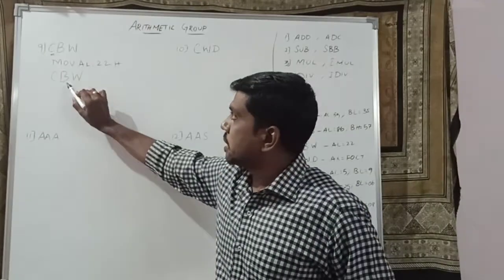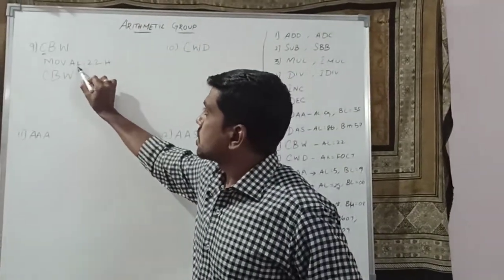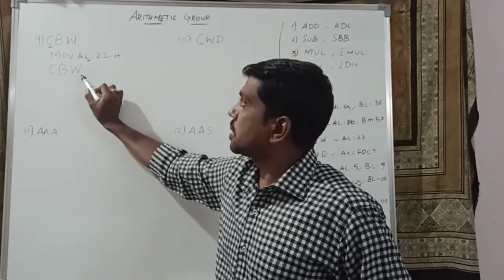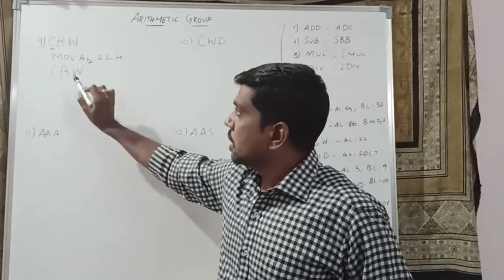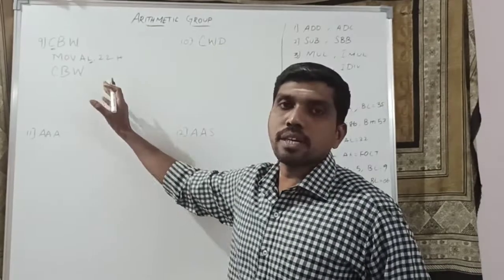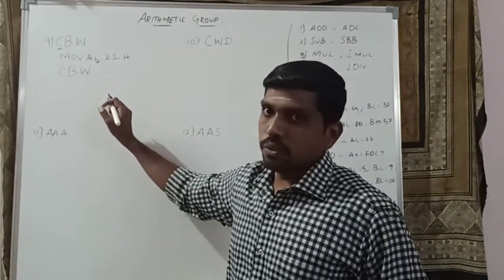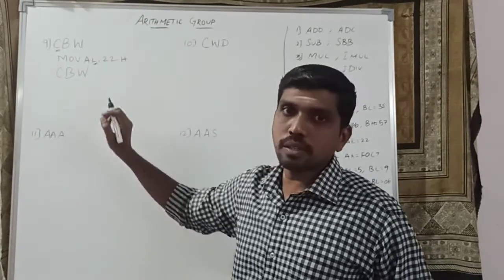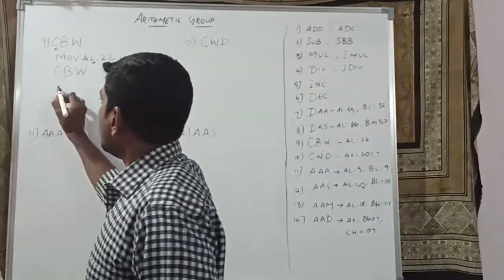Convert the byte number. Whatever content is present in the specified register, that byte number is converted into a word number, 8-bit into 16-bit. Just extend the values. Copy the signed bit value. The content is transferred to the AH register.